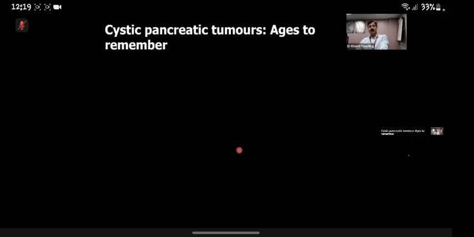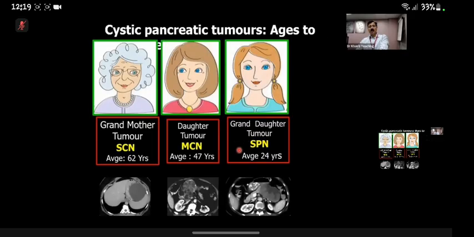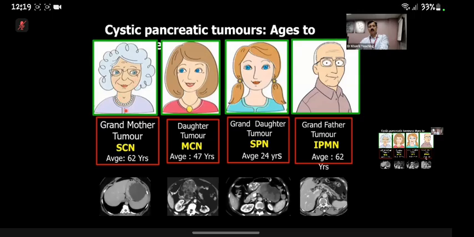So, serous cyst, grandmom tumor, mucinous cyst, mom tumor, SPN is the granddaughter tumor, and IPMN is more in males. So I call it the grandfather tumor.